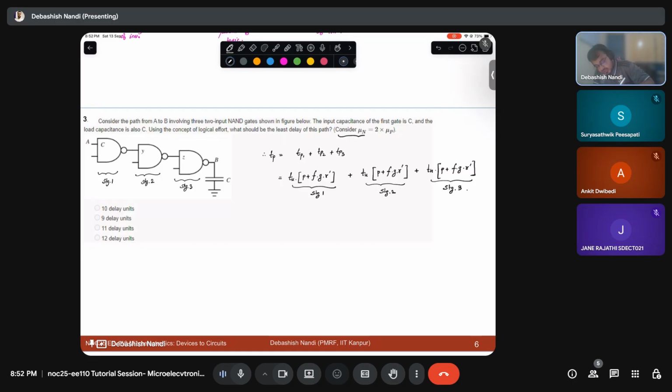This consideration is the same. We have two input NAND gates, so we know all the other things. Gamma we know will be 1 for all the logic gates. What is G? It is not an inverter property, it is the logical effort of the two input NAND gate.